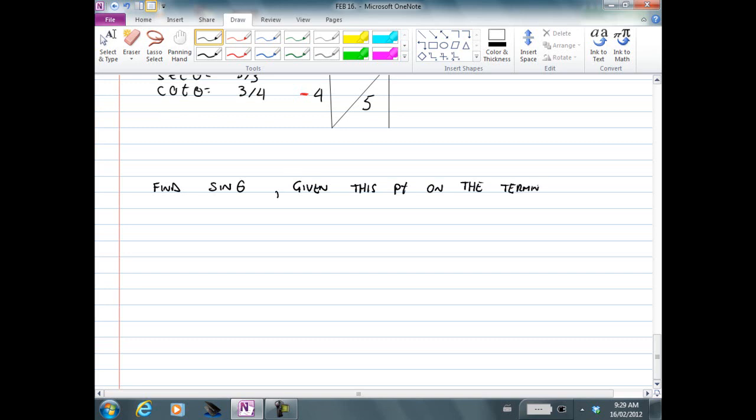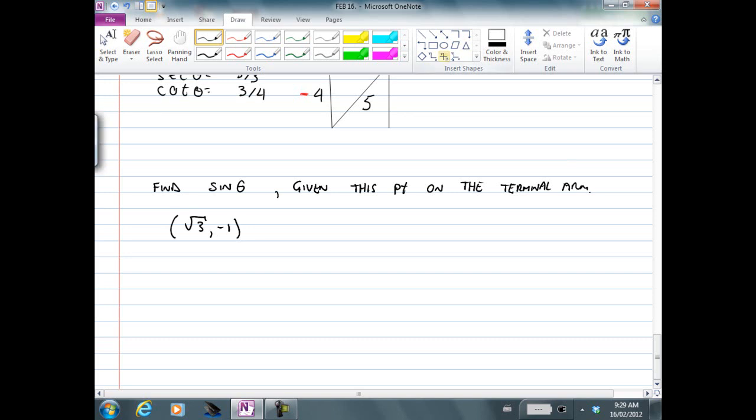They're going to give you a point. You've got to work with the point. Your point is root 3, negative 1. Okay? So there's the terminal arm. This point lies on the arm.